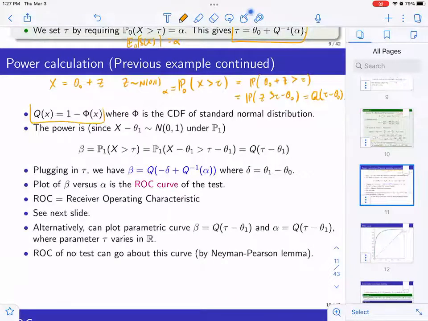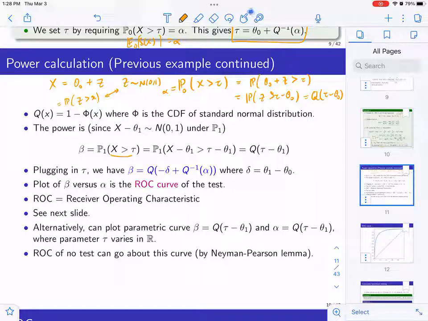So it's 1 minus the CDF of the standard normal. It's exactly the probability that Z is bigger than x, where Z is standard normal. Okay. So then we can also compute the power. The power will be the probability of exactly the same event under the alternative.